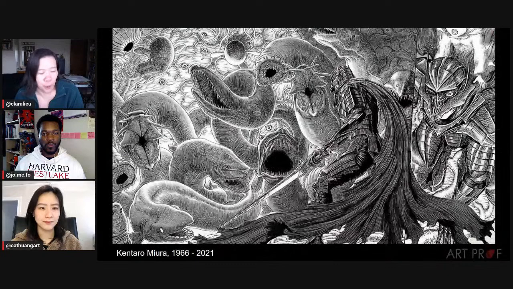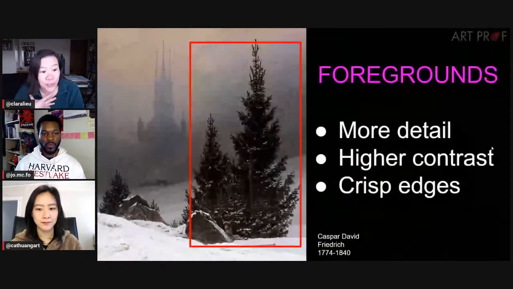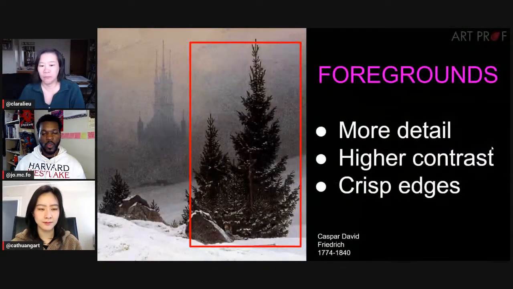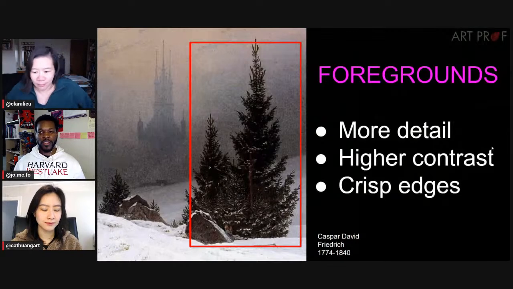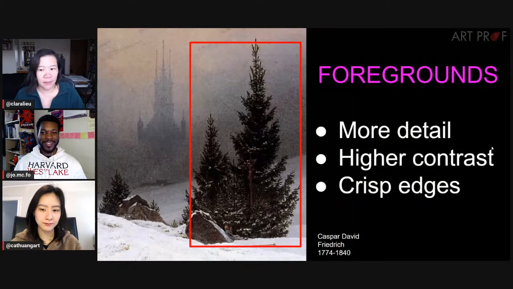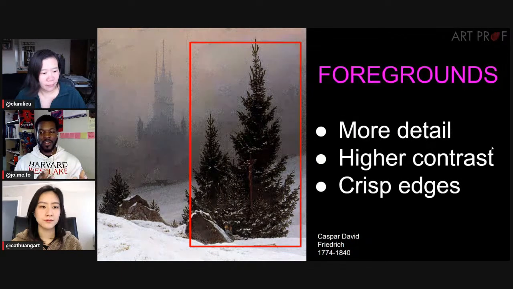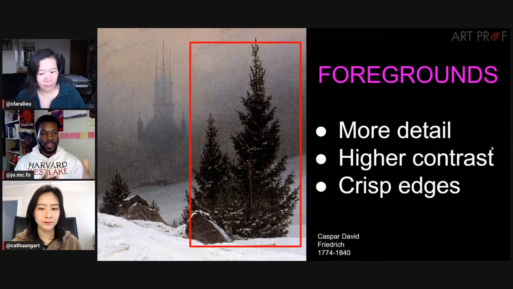Jordan, tell us about foregrounds, the space that is closest to us as the viewer. So the foreground generally is going to have a lot more detail because it's closer to us in space, right? Something that's 2 feet away from you is going to look very different than something that's 200 feet away from you. And it's also going to have much higher contrast because, again, that distance is much closer than something that's further away.